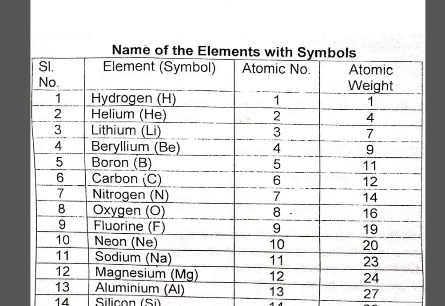So let us talk about the atomic number here. Students, when we talk about the atomic number or atomic weight, which is also called mass number or atomic mass, we need to go back to the starting of the basic concepts of chemistry, that is, each and every substance or matter present around us is made up of a particle which we call an atom.